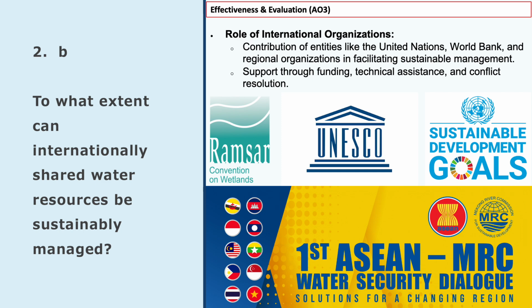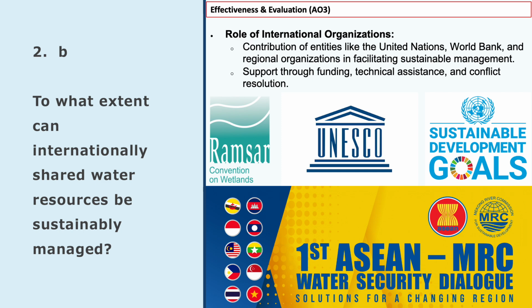Another good angle that you could approach this analysis would be to consider the role of different international organizations. For example, across the Mekong River, we see that there are lots of wetland areas which are governed by the Ramsar Convention, lots of UNESCO sites, so World Heritage sites. There's the Mekong River Commission as an international organization.